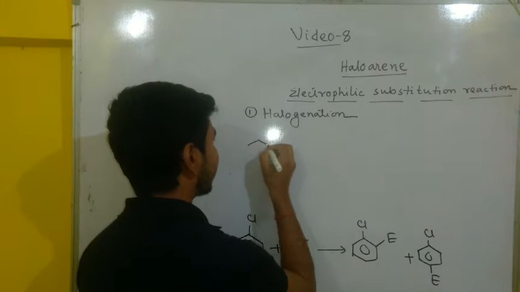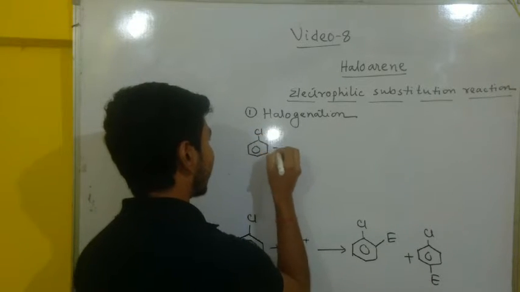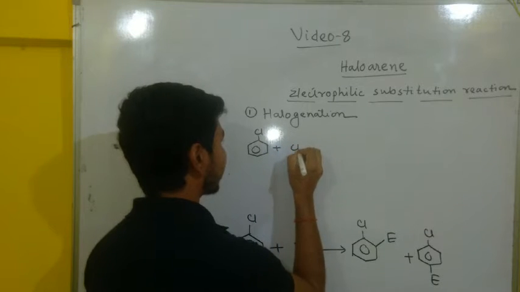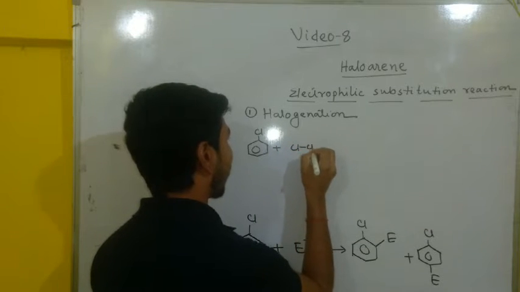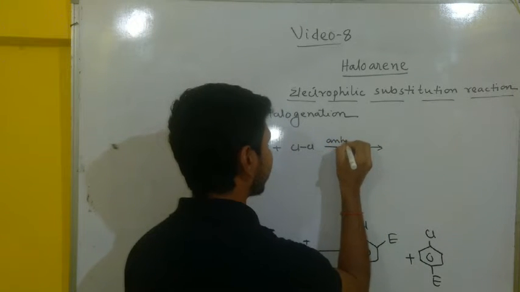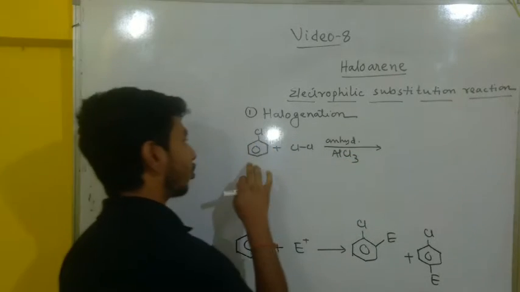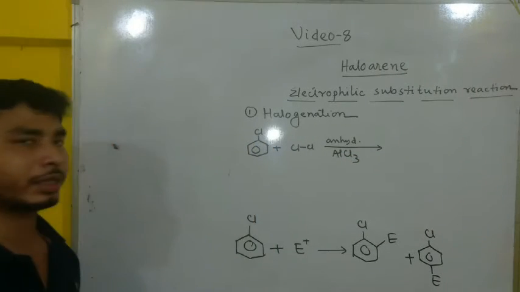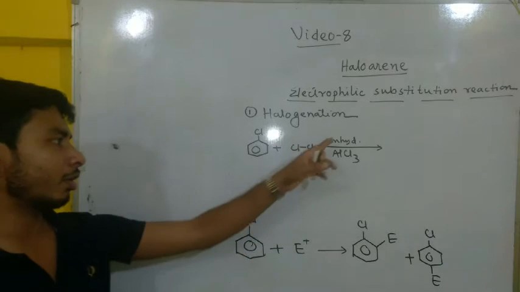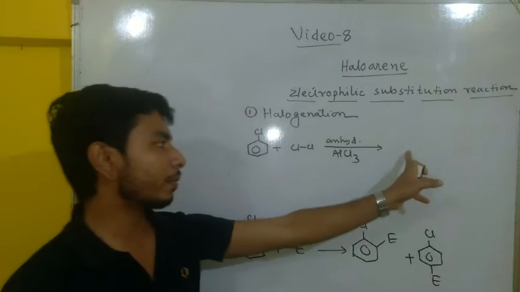So chlorobenzene, upon treatment with halogen, suppose Cl2, in presence of anhydrous Lewis acid, suppose anhydrous AlCl3. Chlorobenzene upon treatment with Cl2 in presence of anhydrous Lewis acid, what will be our product?